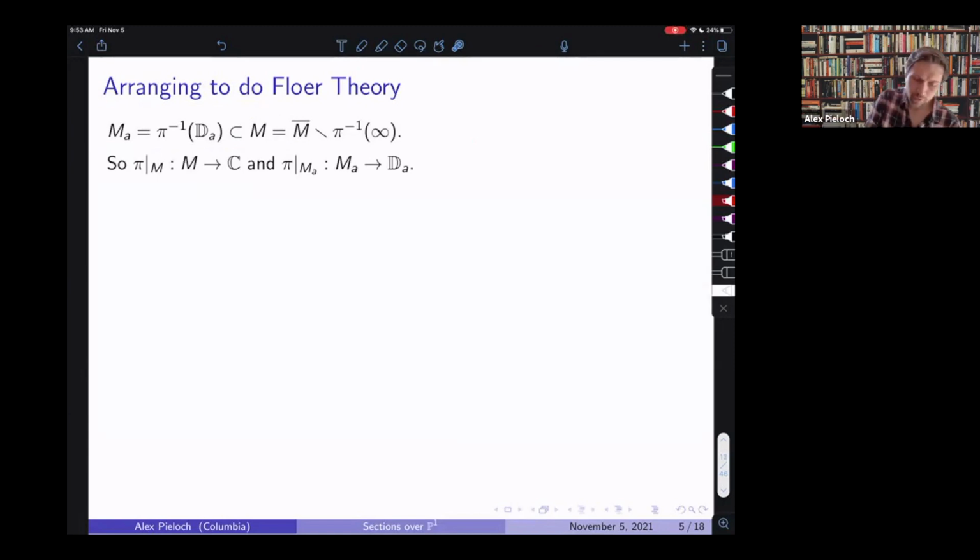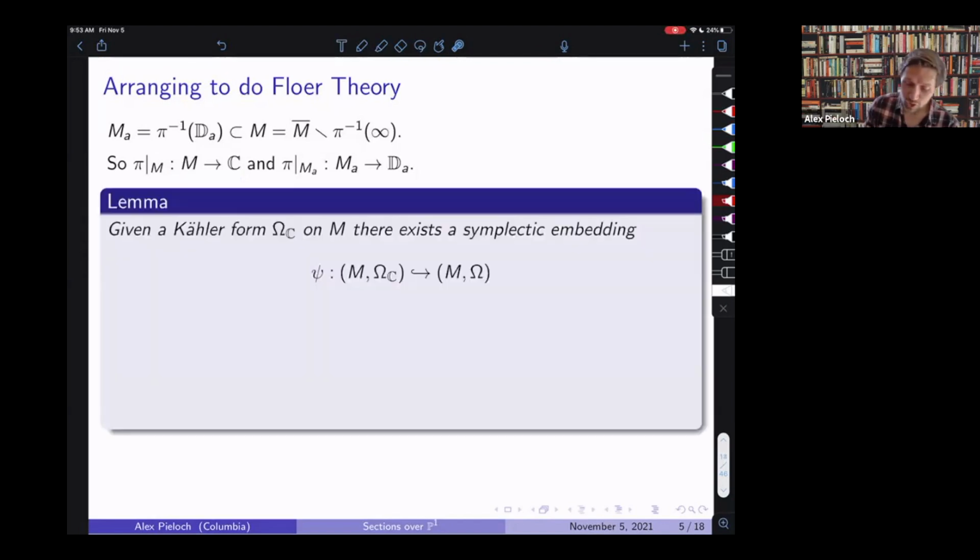And so we want to do Floer theory inside of this space M. And so in particular, we want to produce curves with respect to the integrable almost complex structure on M. So if we pick some arbitrary Kähler form that's compatible with respect to that integrable almost complex structure, it need not be convex or really amenable to doing Floer theory on this open symplectic manifold. So the trick that we do to be able to do Floer theory is the following.